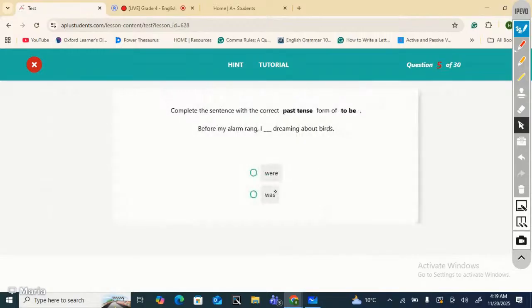This time, complete the sentence with the correct past tense form of verb to be. Before my alarm rang, I blank dreaming about birds. I were or I was.